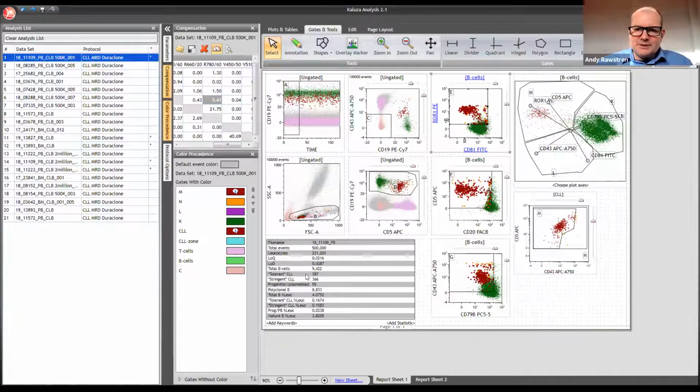So with this automation, having a very defined template and trying to get people to move the gates as little as possible, it takes a bit of time to evolve in your own laboratory. So assuming you were using the duroclone tube, I think you could start with this sort of template, but it wouldn't be exactly ideal for your situation.